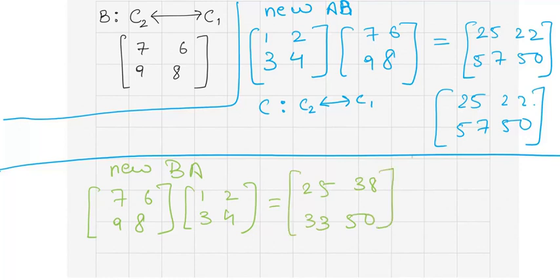Whereas if we apply the same column transformation to D, interchanging column 1 and column 2, we get 40, 27, 52, 35.